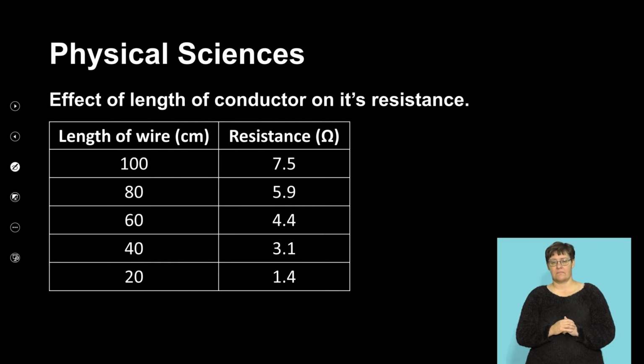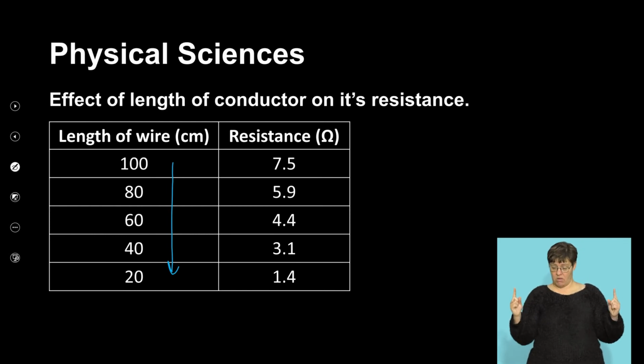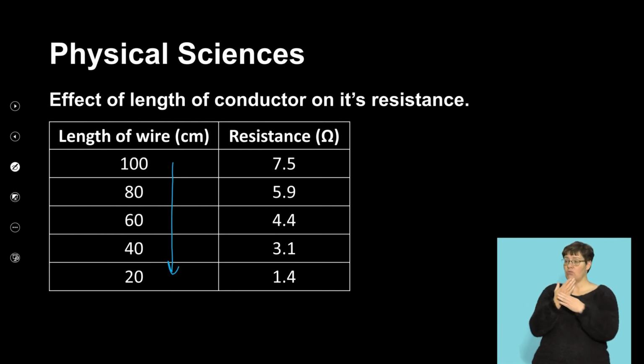Now, the effect of length of conductors on resistance. If you look at this set of data, from 100 to 20, there is a decrease in length. Also, if you look at resistance, from 100 to 20, you see that the magnitude of resistance gets lesser and lesser.